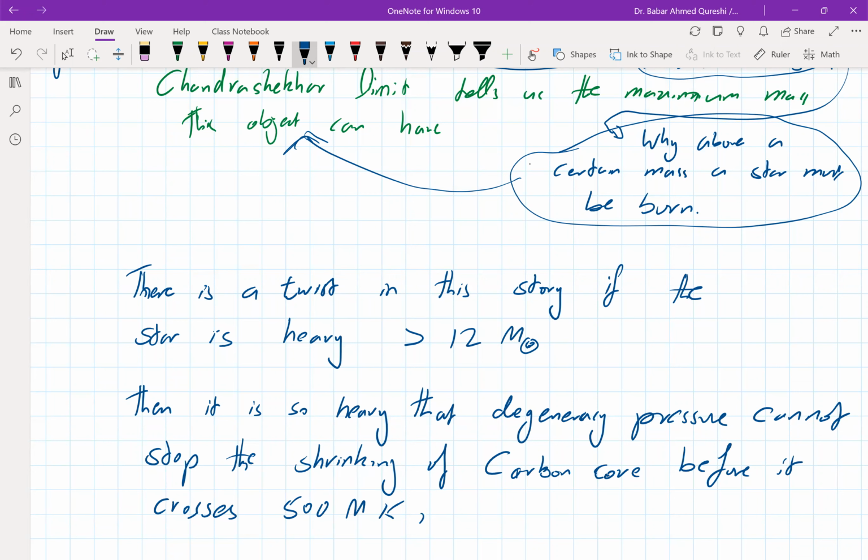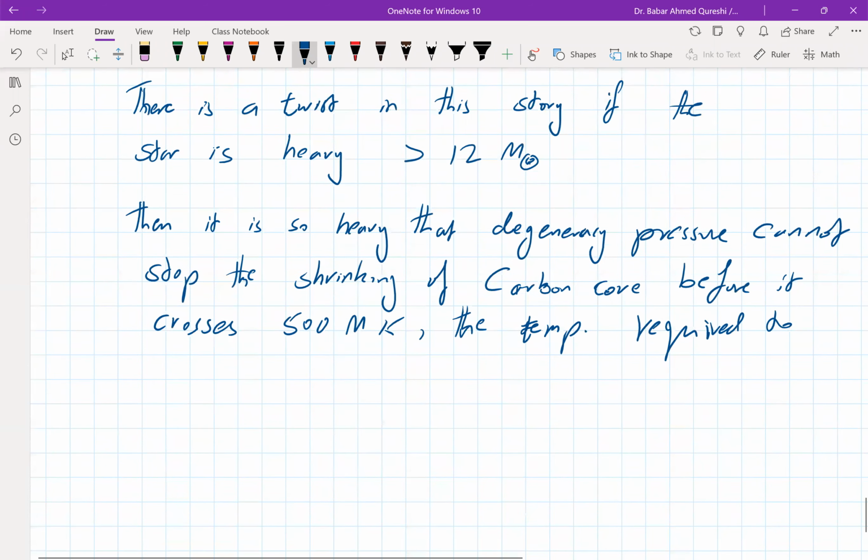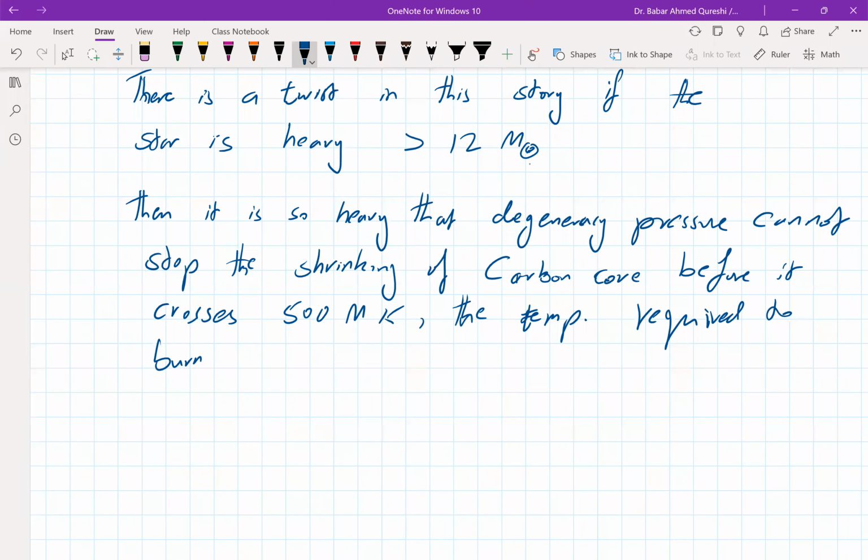In other words, before it crosses the temperatures required to burn carbon.